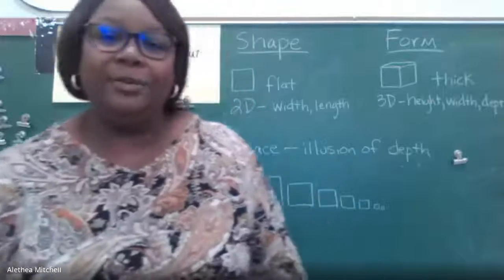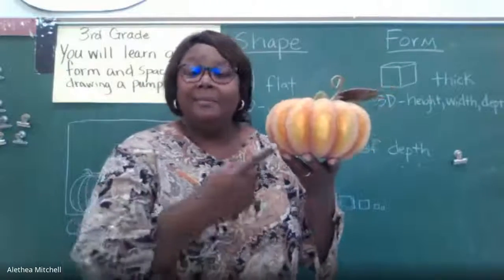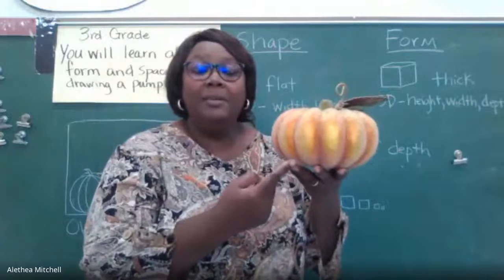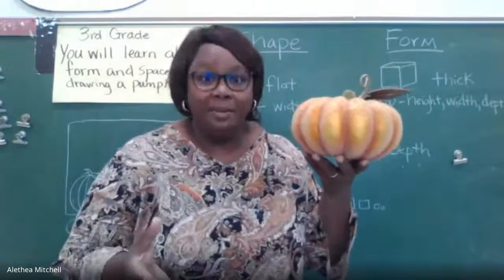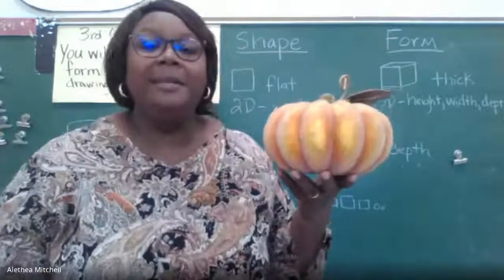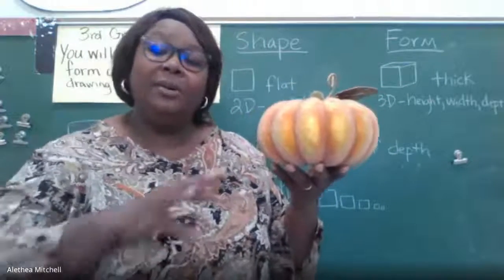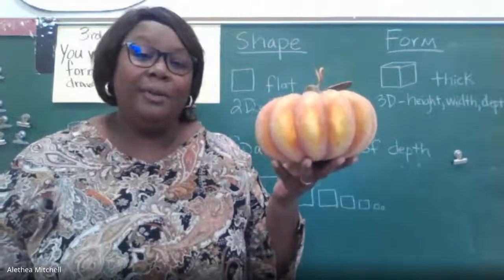The pumpkin I showed you in the beginning. Here it is again. Now, you can base your drawing on something like this. This is fake, but yet you know what real ones look like. You can always look at a photograph, look at them in a magazine to give you an idea, but I'll have a template or a guide to give you an example of how to draw it.